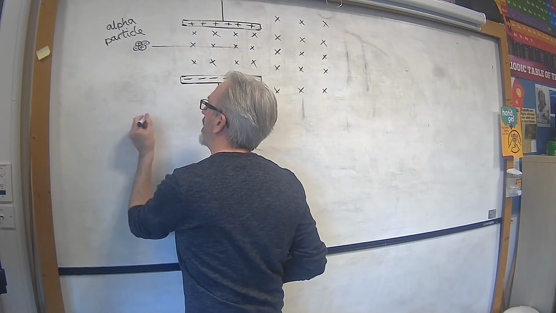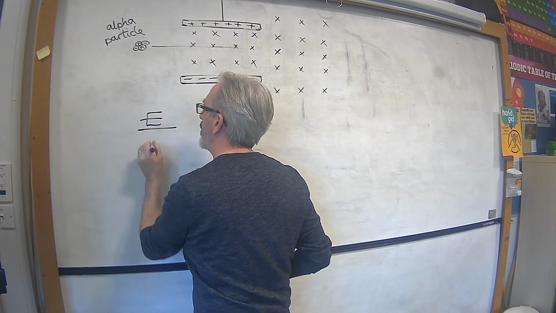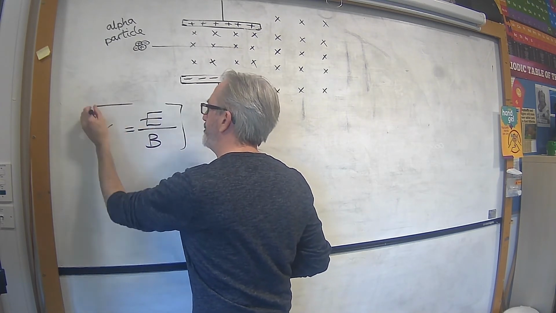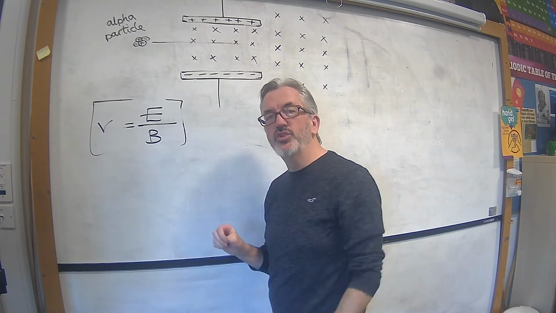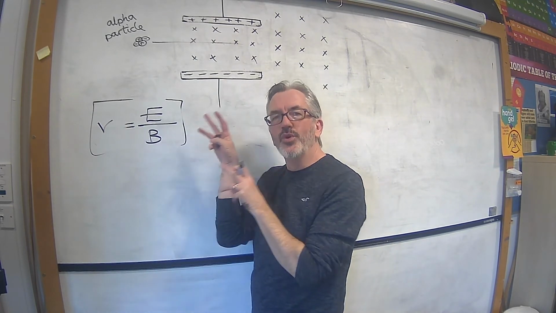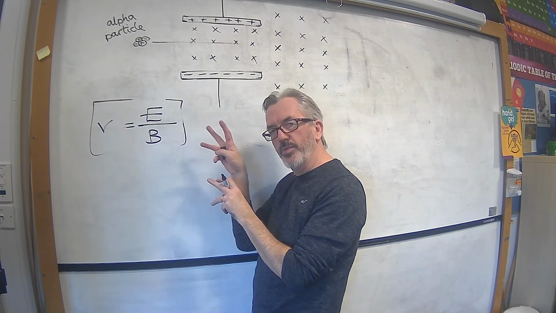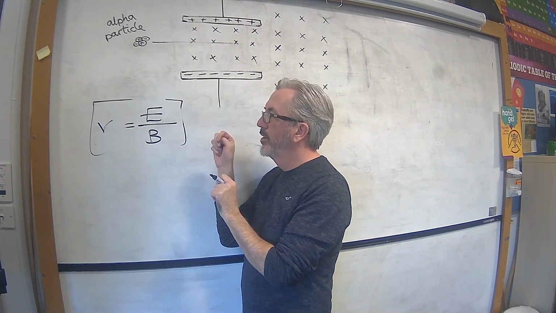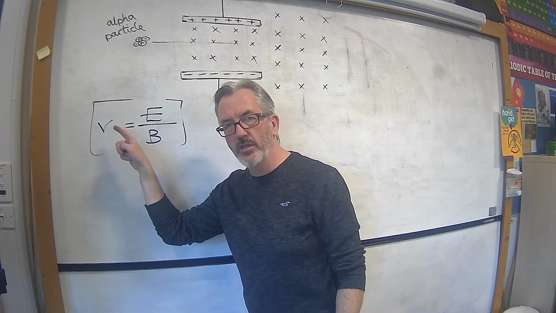Now, there is only one velocity at which that will happen. V equals E over B. The size of the fields will be different, but the effects of the forces will be equal and opposite. Balanced forces will only happen at one particular velocity.